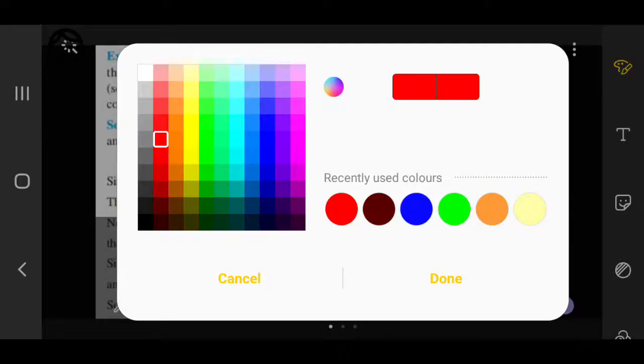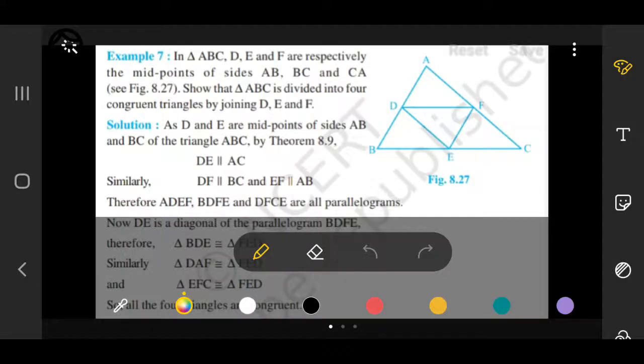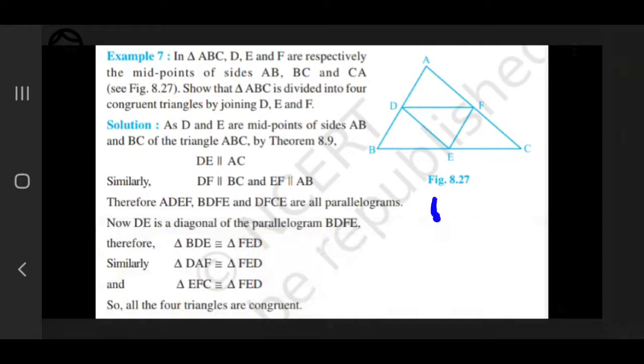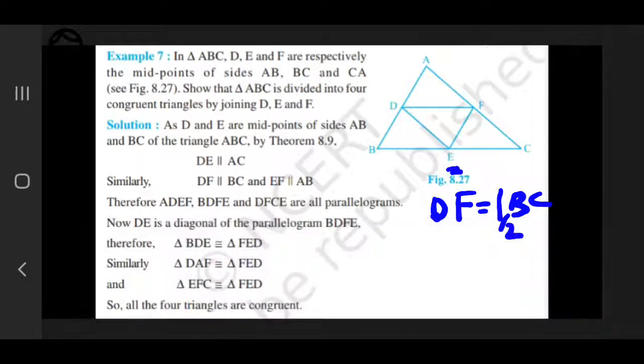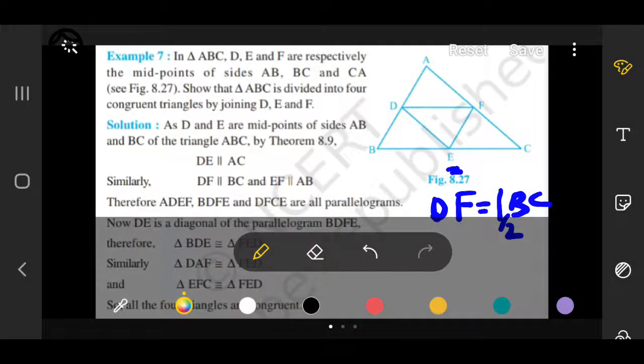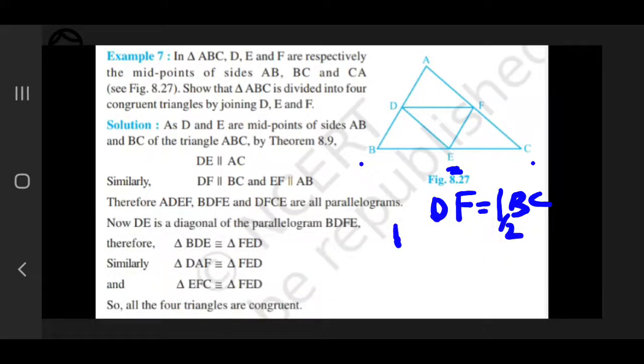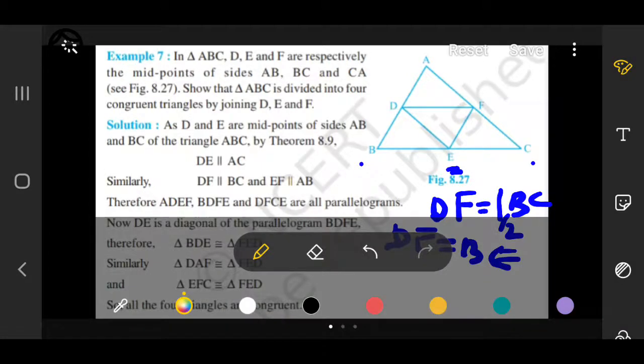You know that E is the midpoint of BC, so half of BC is the same as BE. So we can write DF equal to BE.